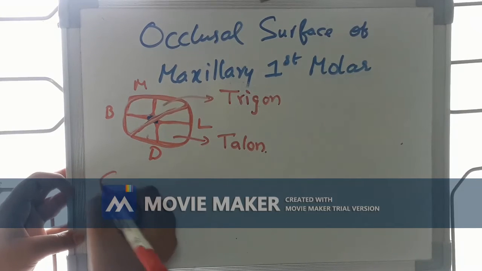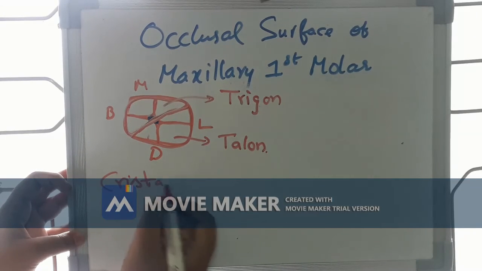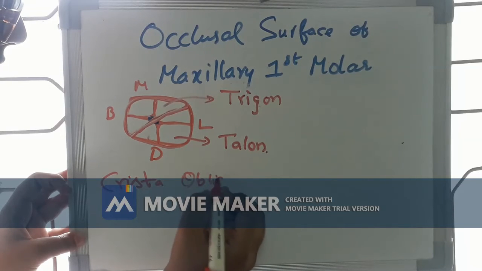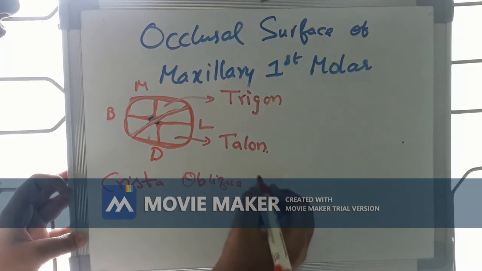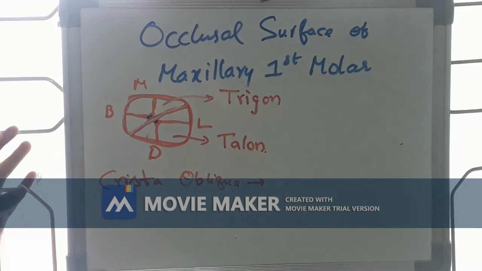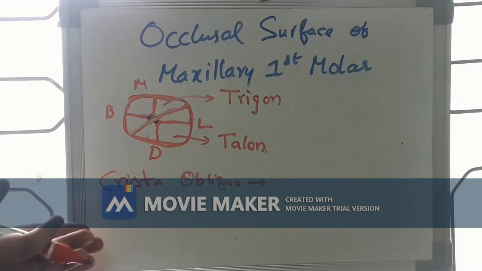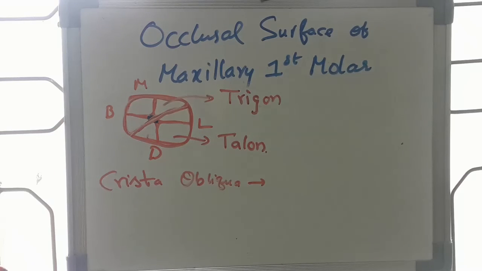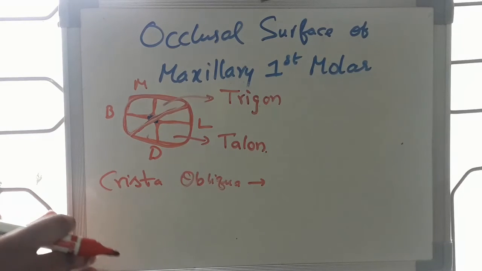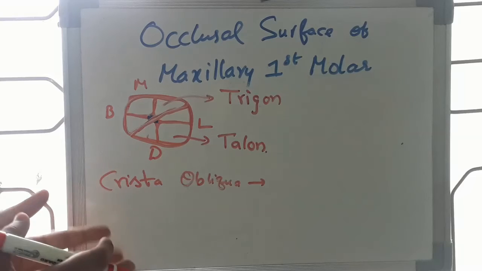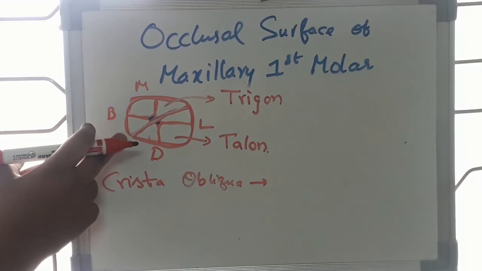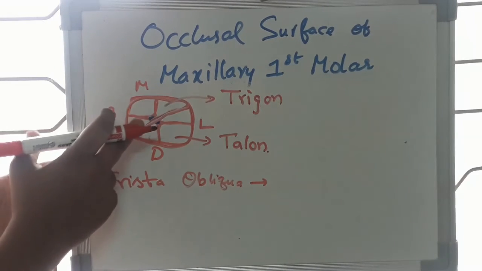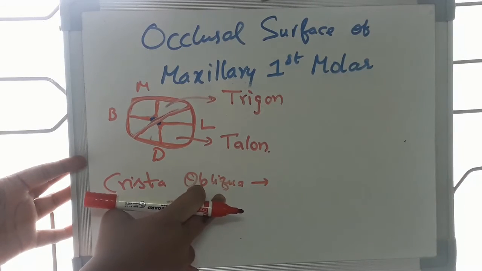And there is the crista obliqua. Regarding the crista obliqua, here we see a H-shaped groove pattern in the occlusal surface, and this H-shaped groove pattern is crossed by the oblique ridge, hence it is a crista obliqua.